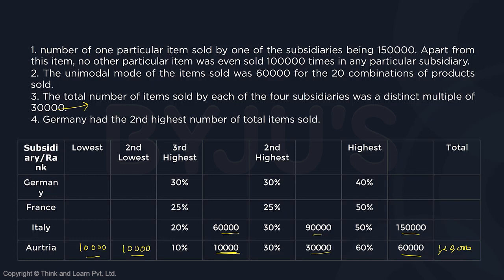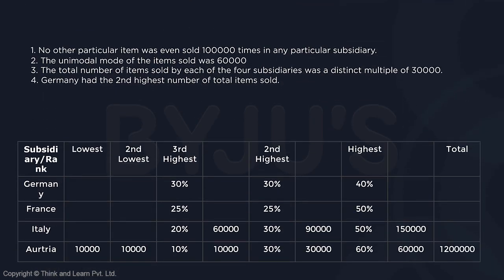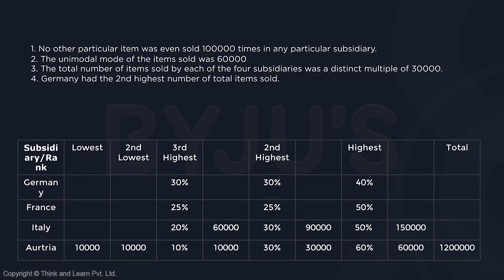All right, clear so far? So till now we have done. Now look for Germany and France. What are the possibilities? For Germany, 334 is the ratio, right?